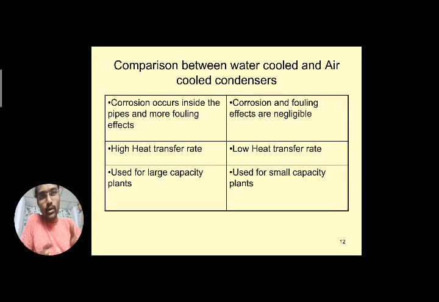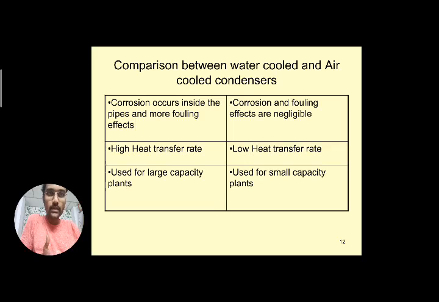Next, coming to the water cooled condenser, the point is that corrosion occurs inside the pipes, with more fouling effects. Whenever the surface is soft, foreign particles will deposit inside the pipes and a fouling effect will take place, and the material may wear out. There is also a problem of corrosion.